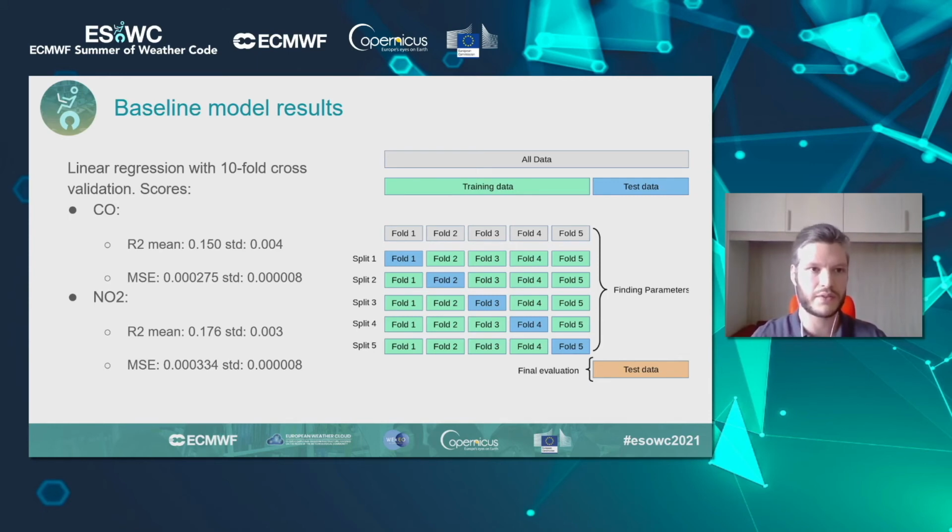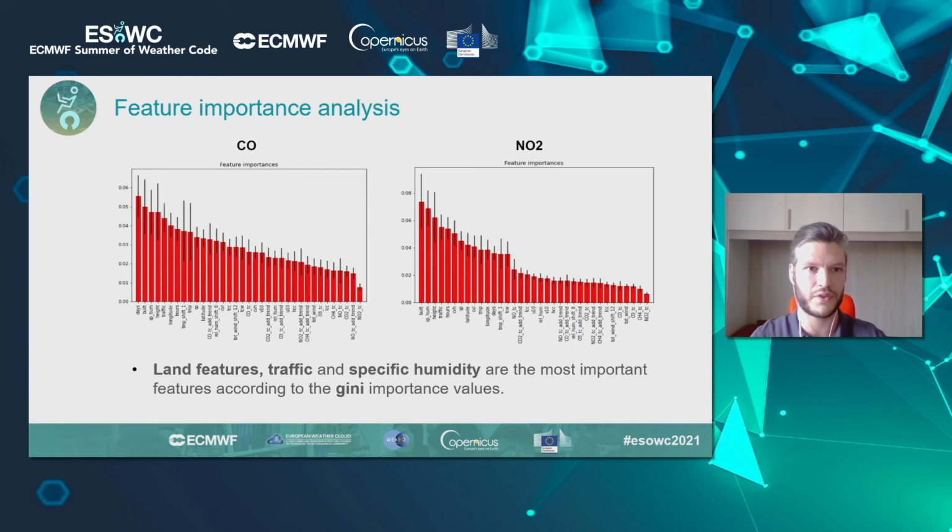In the next slide, we will see the feature importance analysis. From the graph, we can see the importance of the features using the Gini index, and we find that the most important features for our model are the lane features, the traffic, and the specific humidity.